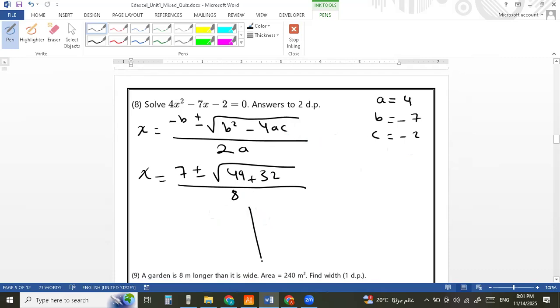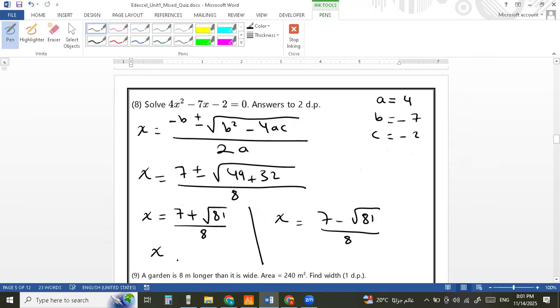So, Mister, I'm going to split the page right now. Here x could be 7 plus root of 49 plus 32. You're going to find it is exactly 9, so it's going to be 16 over 8. And x could be 7 minus root of 81 over 8.